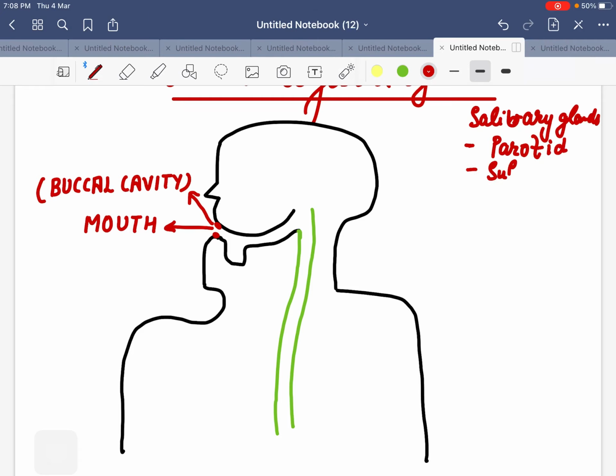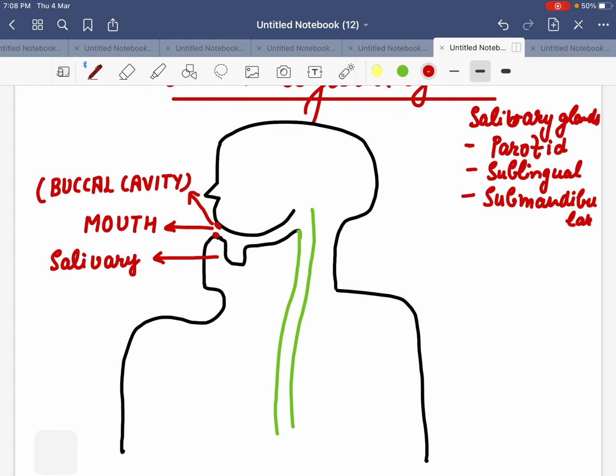Another one is sublingual, the one which is near the tongue, and one which is near your jaw, that is submandibular, right? So the option I'm giving you: either you just label this portion as the salivary glands, because in this area there is your tongue, jaws, as well as your parotid gland.